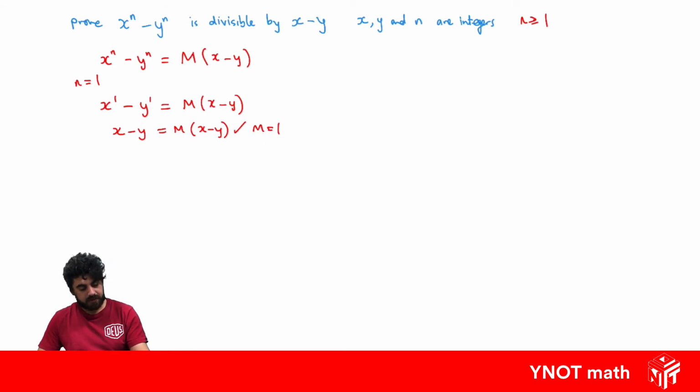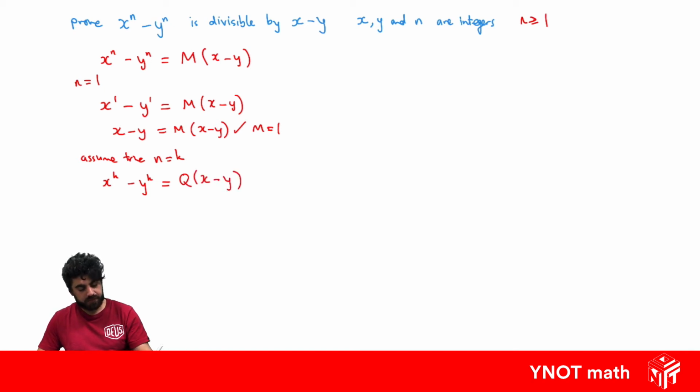Now, we want to assume true for n equals k. So we get x to the k minus y to the k will equal some integer q times x minus y.